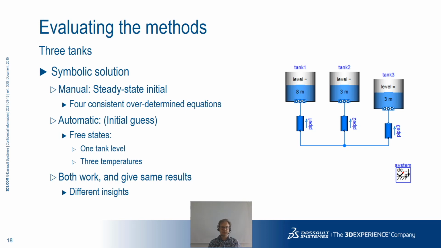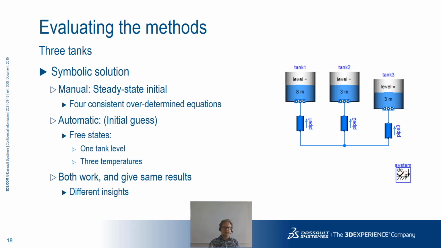And if we try to do it symbolically, we can do it manually, and there is a setting for that in the system setting. However, it will report that there are four consistent overdetermined equations, which is a bit unnerving, but you can understand them.